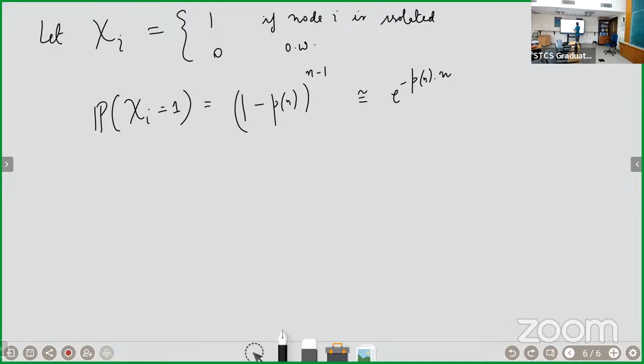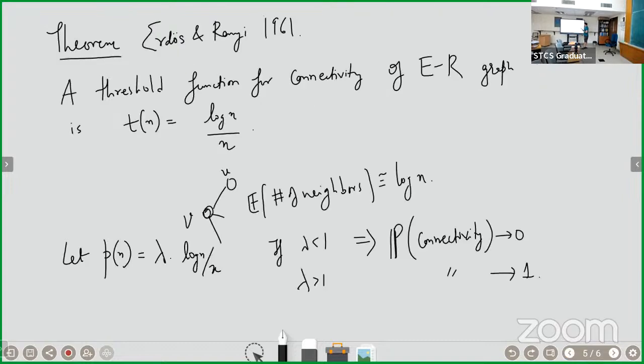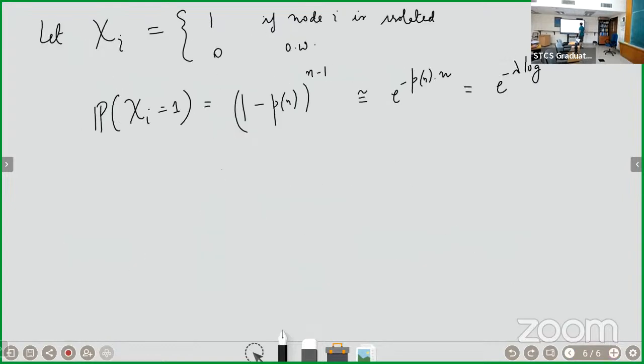And you can also write it as e to the minus. Sorry, what is lambda? No, lambda is that parameter here. So P of n is lambda times log n by n. So that's what the lambda is showing.